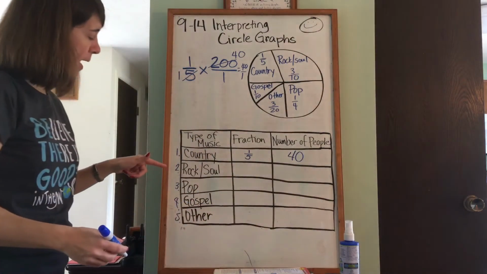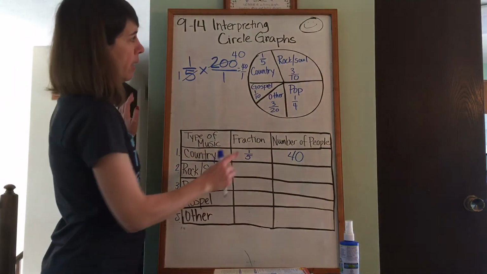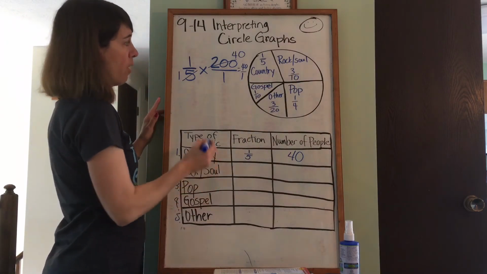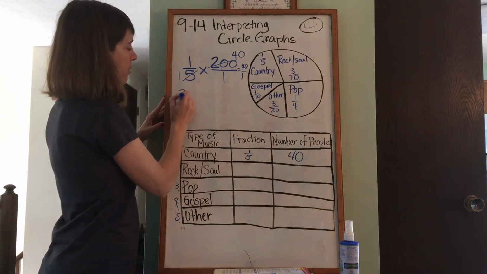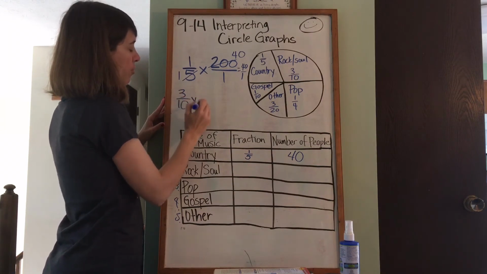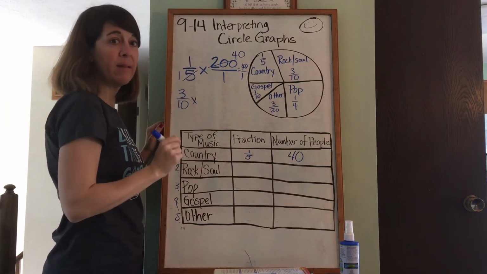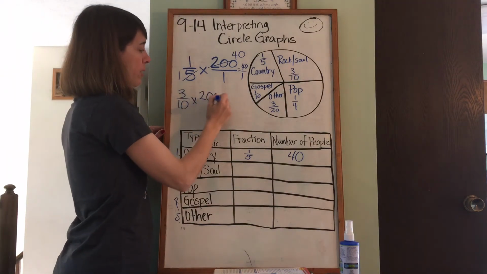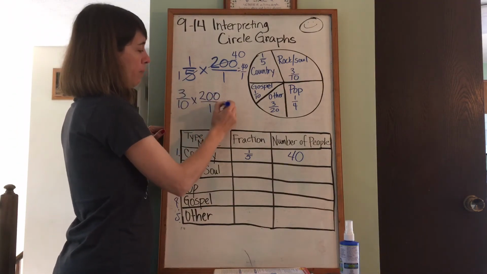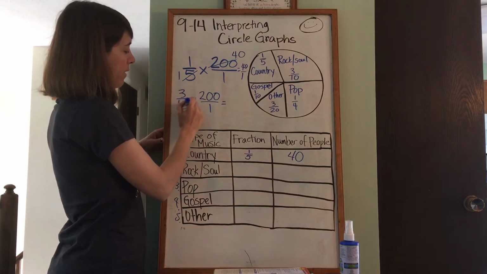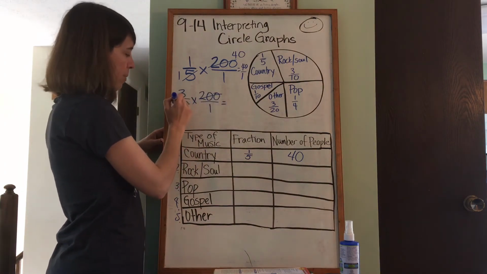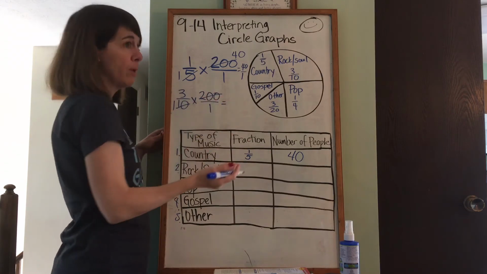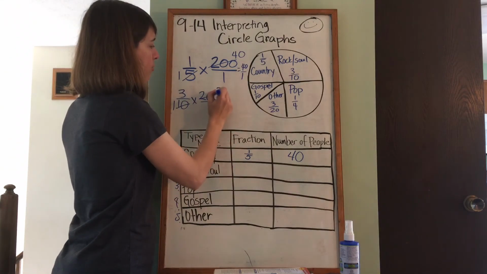Okay, we can do that again with rock and soul. Let's see, it was 3/10 of the people surveyed said they liked rock or soul. So again, we'll take 3/10 and we'll multiply that because it was 3/10 of 200. So 3/10 times 200 over 1. We can simplify here, divide each by 10. 10 divided by 10, of course, is 1. 200 divided by 10 is 20.